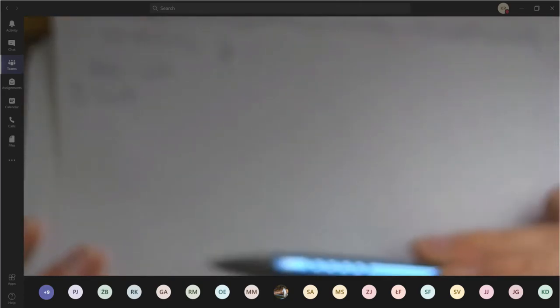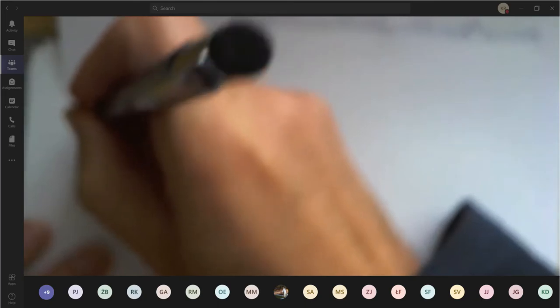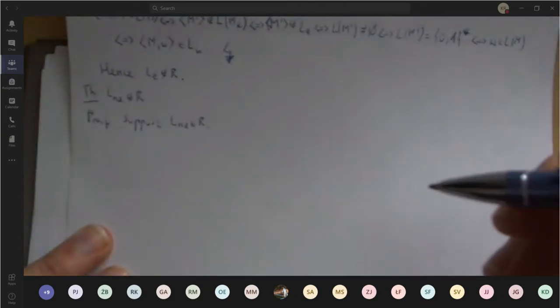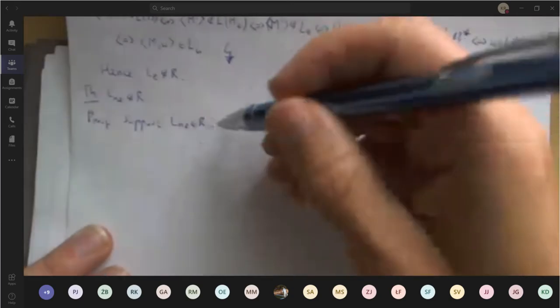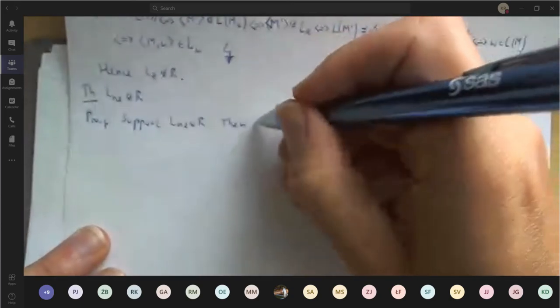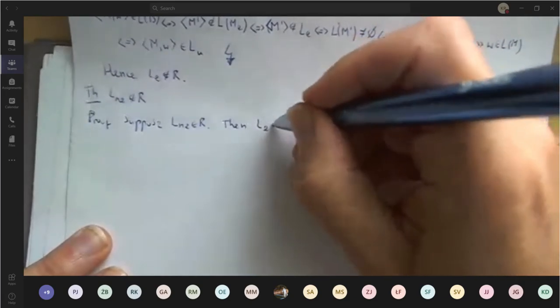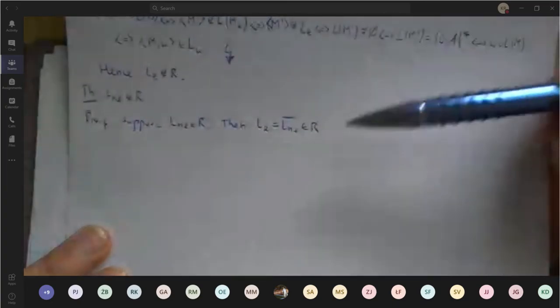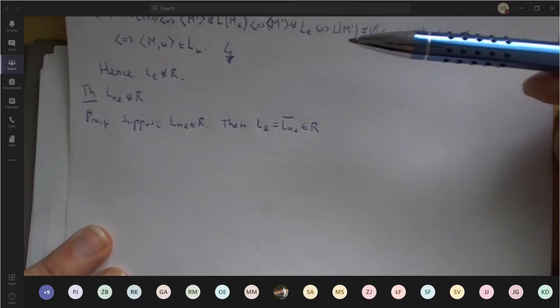This is very easy because we know already that if this language is recursive, then its complement is also recursive. And we have just proven that it is not.